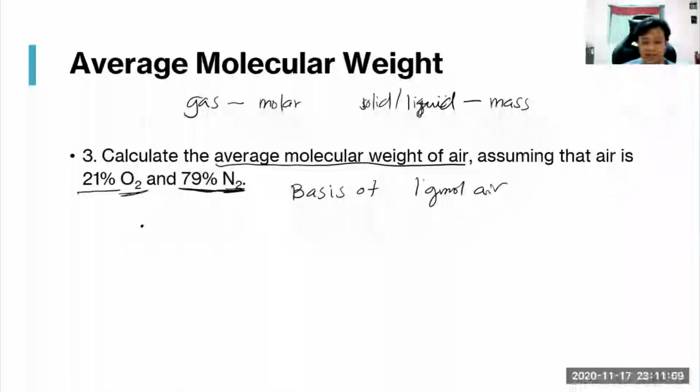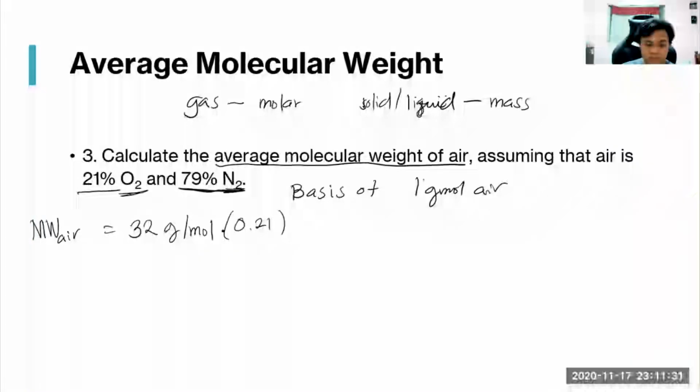If you look at your periodic table, the molecular weight of oxygen, the diatomic oxygen, is 32 grams per mole. And then we will multiply it by its molar percentage, 0.21. So just put here molecular weight of air.